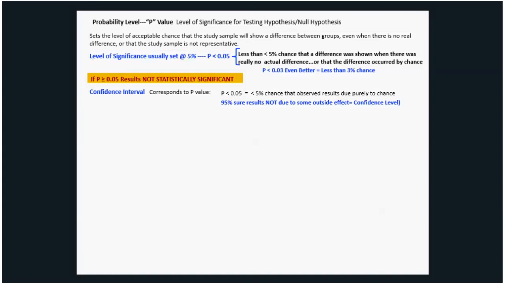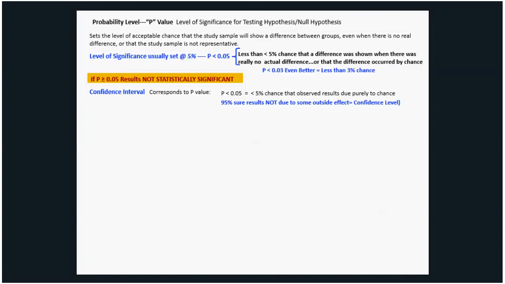If you have a null hypothesis and you get a probability level that is less than 0.05, say 0.03 or 0.04, and you've said there is no relationship, well, that probability level is telling you that there is a relationship, and so you have to reject your null hypothesis.